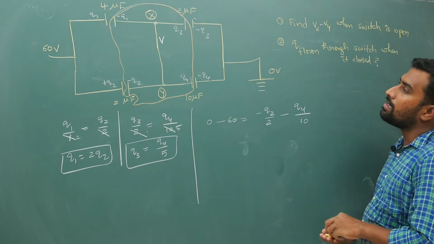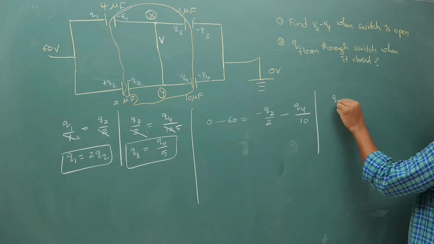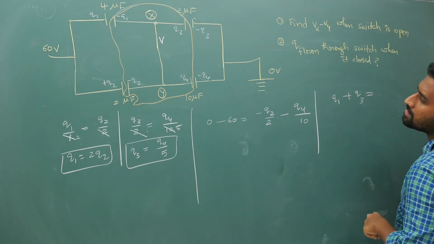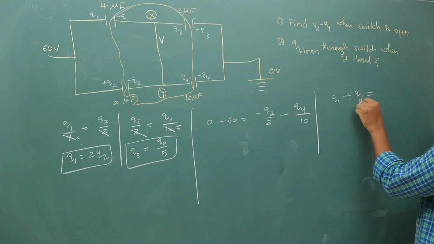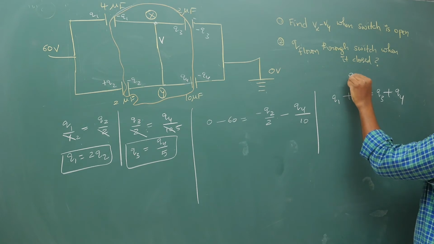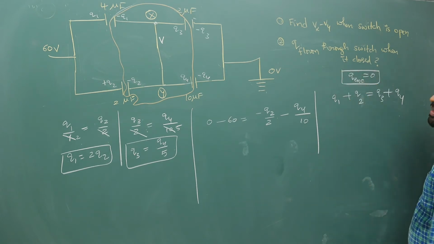So that will give me q1 plus q2 is equal to q3 plus q4. The reason is the enclosed charge is supposed to be equal to 0. So minus q1 minus q2 on one side, q3 q4 on the other side, that is what you are going to get.